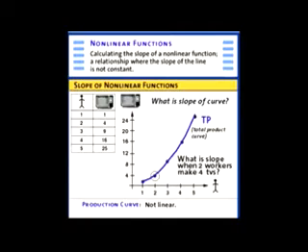Well, to calculate the slope of a curve, it's not quite as simple as looking at 2 points on the curve. Because as you move from one point to another, the line itself is changing its slope. Down here, our blue curve is relatively flat. That is, if we look at a point down here, we get a relatively flat line.